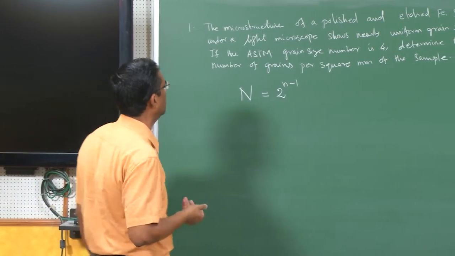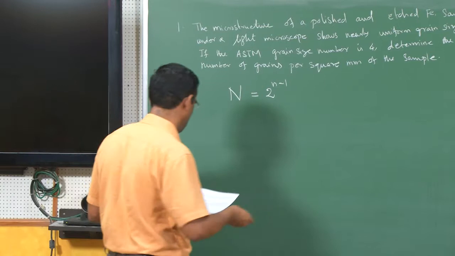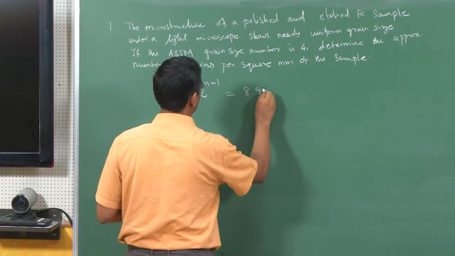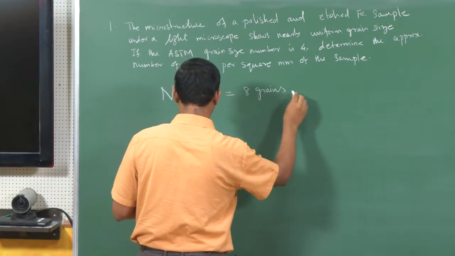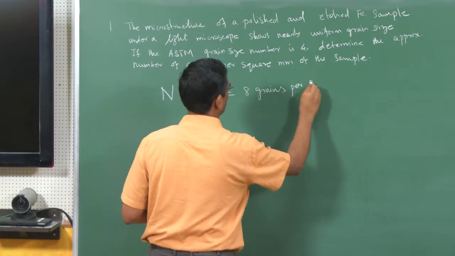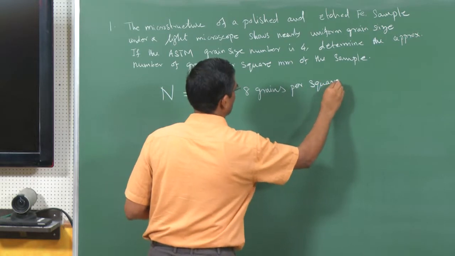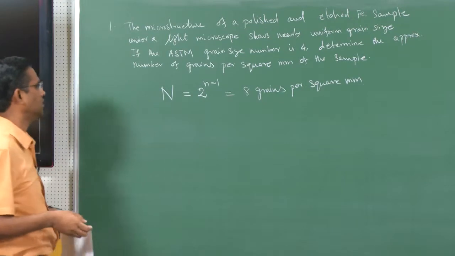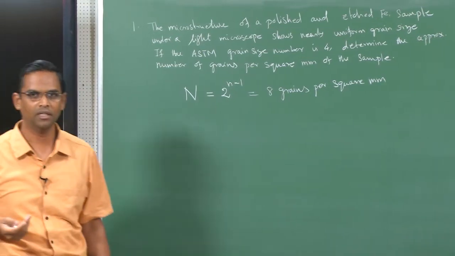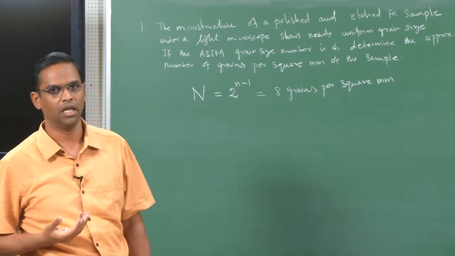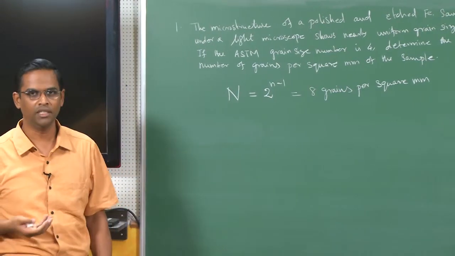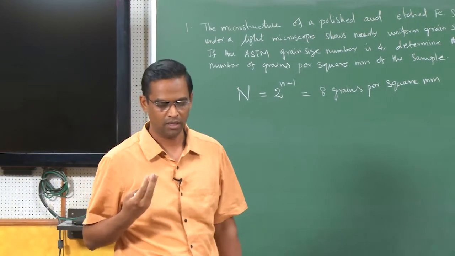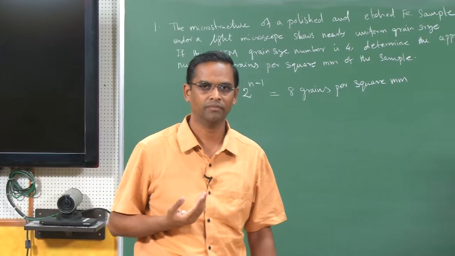Then it will be 8 grains per square mm. This is a very rough method, but a very fast method. If you are looking for accuracy, it is not advisable to use this method.